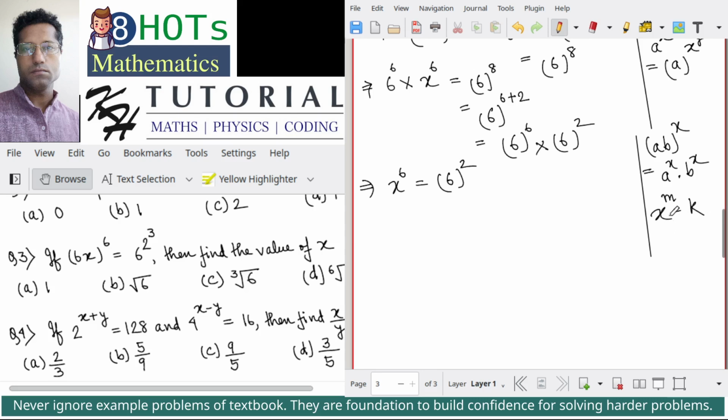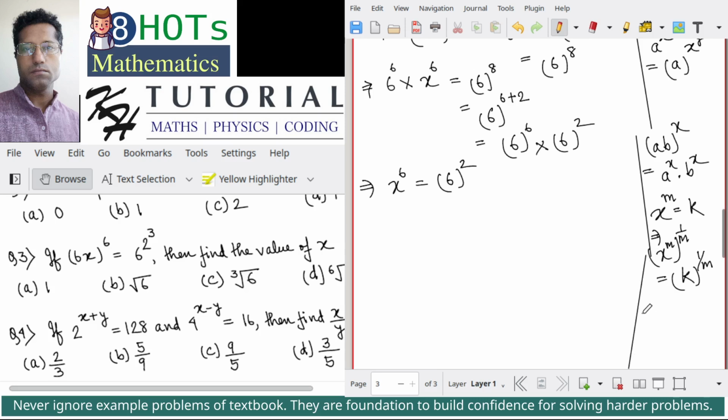So what I will do is, to get rid of the power m from the x, I will take the power of 1 by m from both sides. On the left hand side I have x to the power m, I will take power 1 by m, that is the reciprocal of m, and the right hand side will be k to the power also 1 by m.